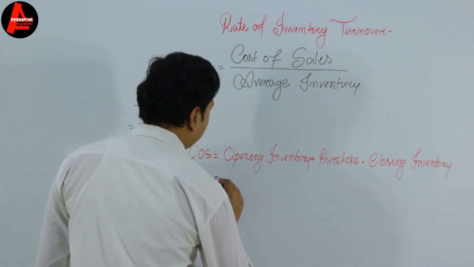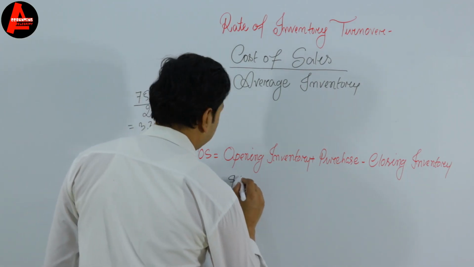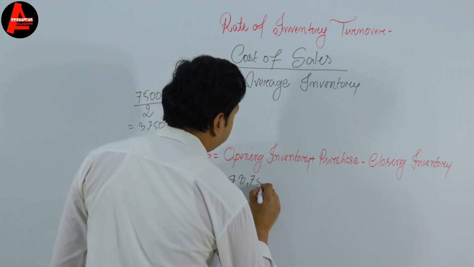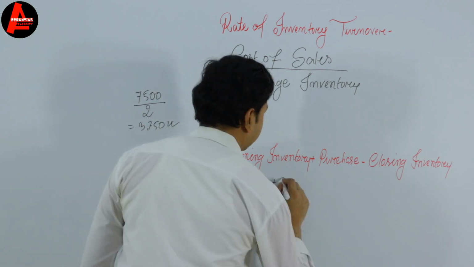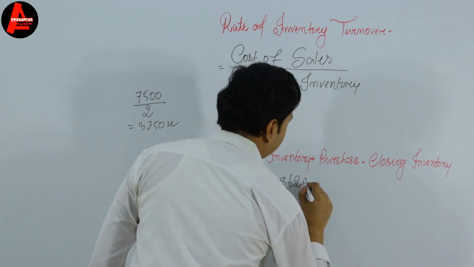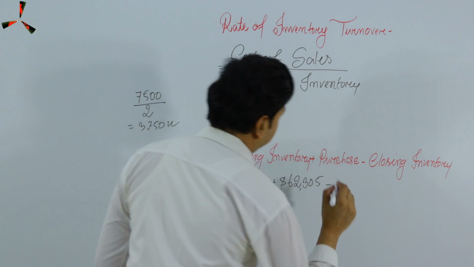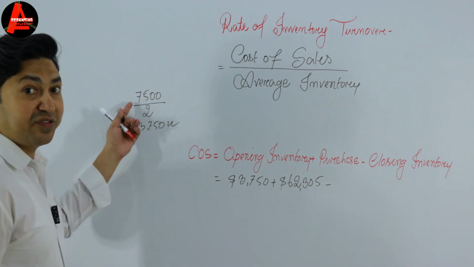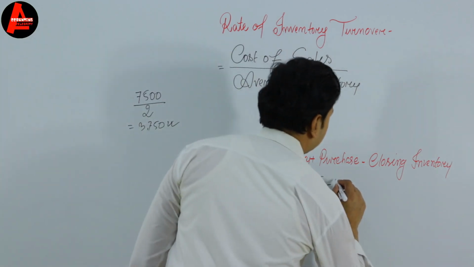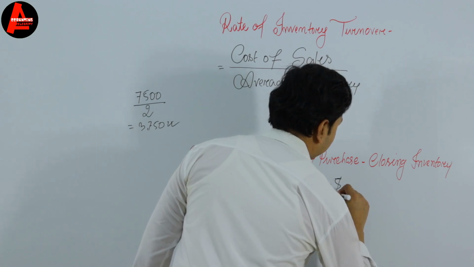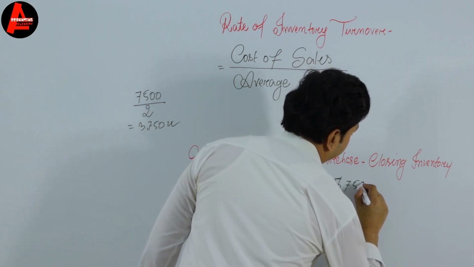Okay, so this will be our opening inventory. So let us write here opening inventory 3,750 plus purchase, it is 62,305, and we will subtract closing inventory. It is $7,500. Okay, so let us write here $7,500.